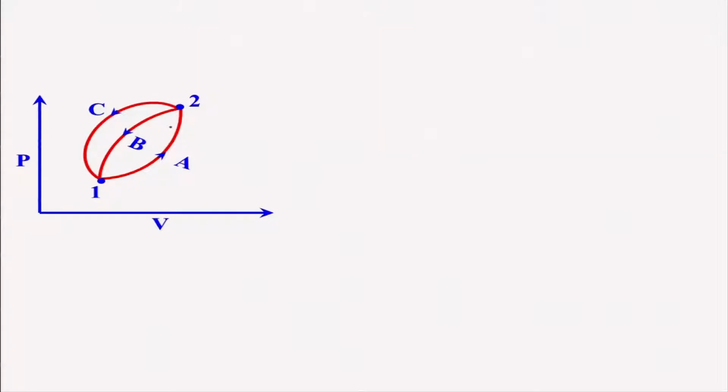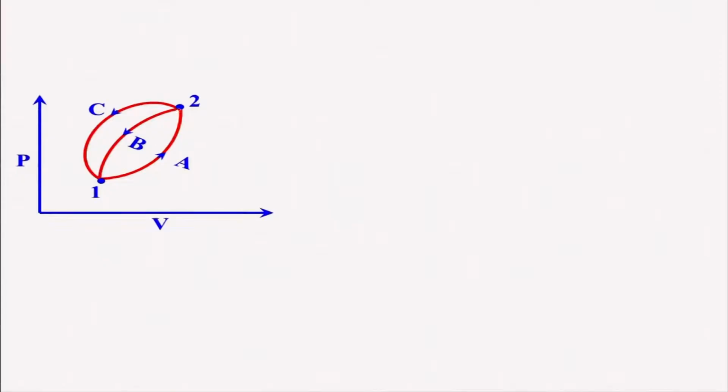We will take a cyclic process, and let us say the cyclic process moves from state 1 to state 2 through the path A, and it comes back from state 2 to state 1 through the path B, and this is, let us say, reversible, right.